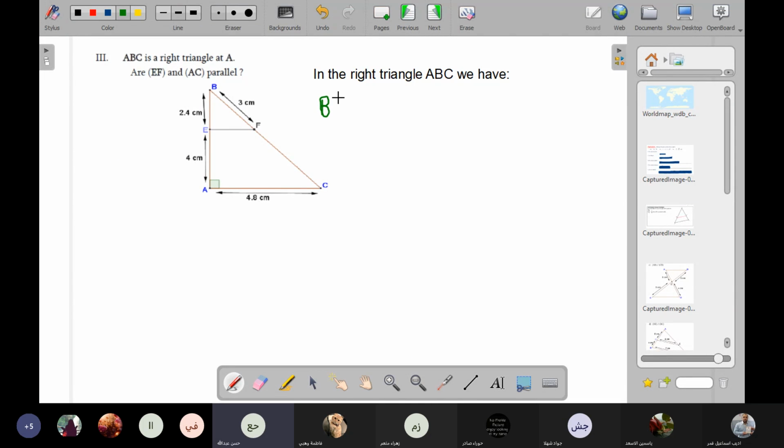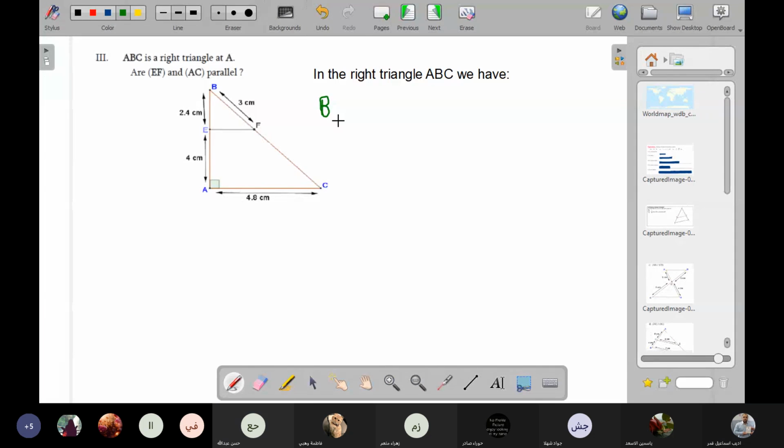We should find the measure of BC, Hassan. We should find the measure of the side BC.